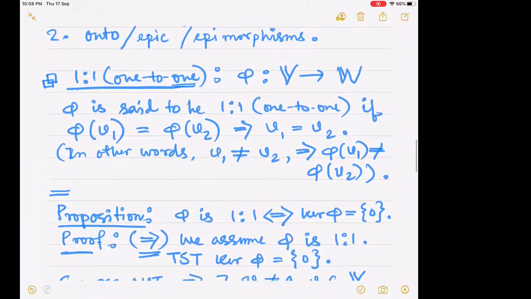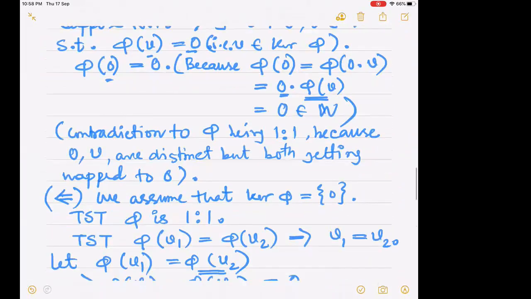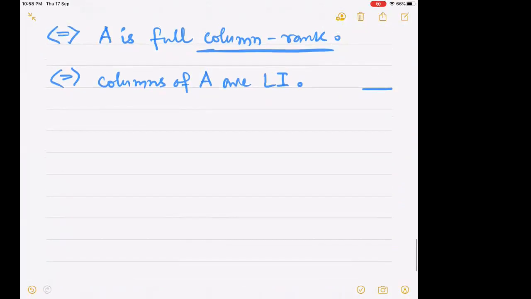Let me define onto first, and then we'll see its properties. All right. So once again, phi is a linear map from vector space V to vector space W. Both are defined with the same field of scalars.